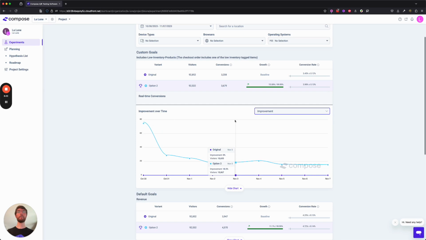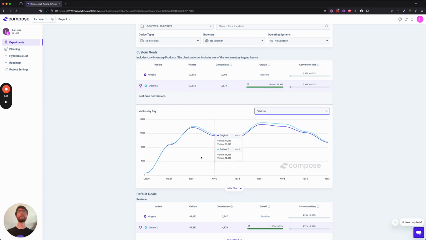We can look at improvement over time, and you can see those first few days we actually had a much larger improvement, and that came down a bit, but we still were seeing a consistently higher improvement with our option 2 throughout the duration of the test.